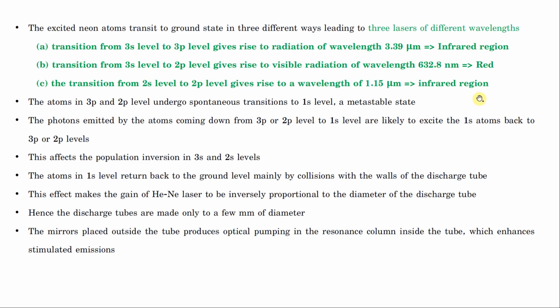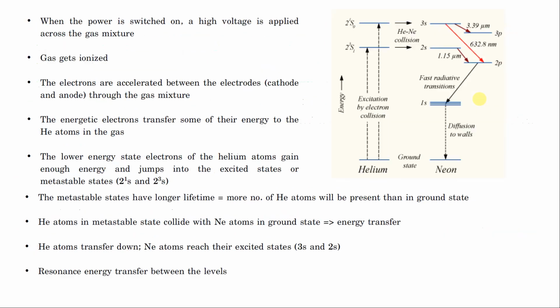So the 1s atoms can get excited again towards the higher energy level, going back to the 2p or 3p level. This results in an increase in the number of atoms in the 3p and 2p levels, so you will get more atoms here than what was there in the 3s and 2s levels. So that is against population inversion.